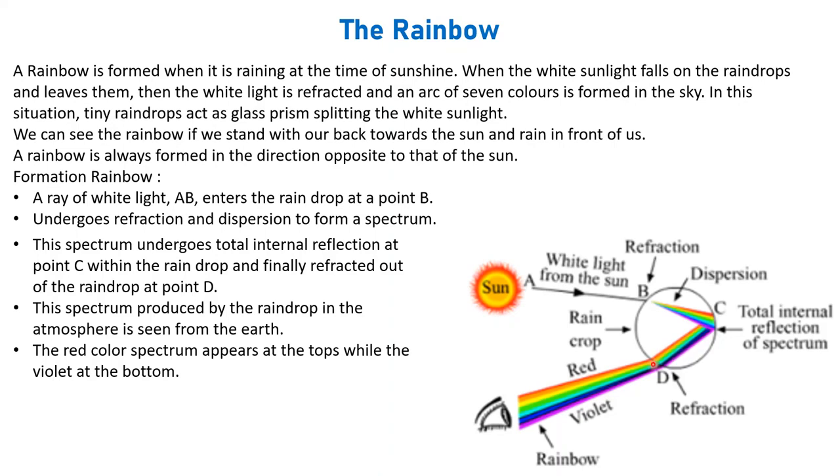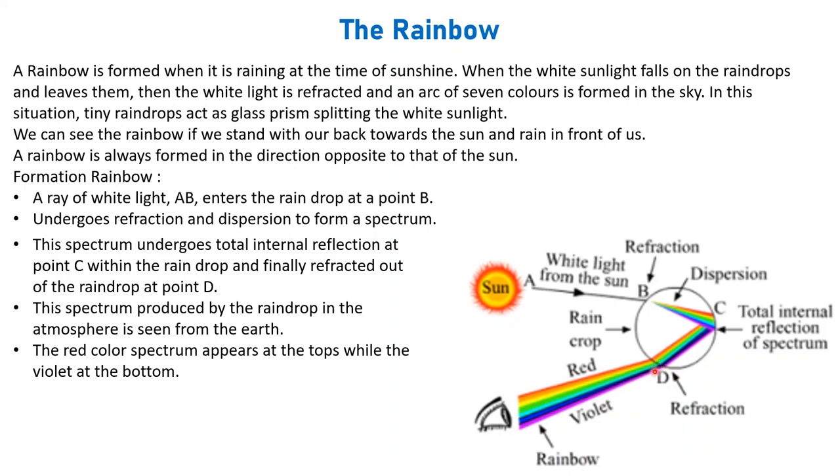Okay, what is happening at point D? Now these different colors of light are passing from the water to air. That means they are passing from the denser medium to the rarer medium. And again we will expect refraction at the point D. Clear, students? And because of that refraction, you can see these lights are deviated.